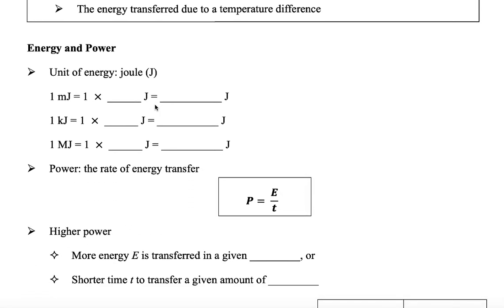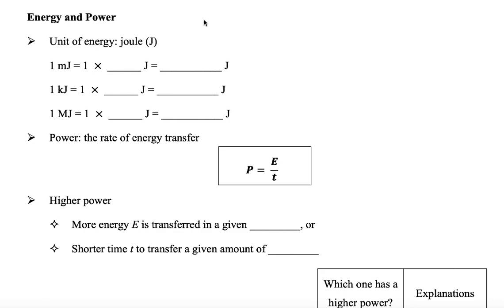I would like to introduce some units for energy to you first. We know that the unit for energy is joule, but actually we can use some smaller or bigger units for energy.